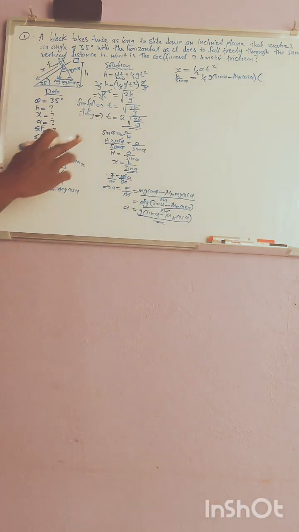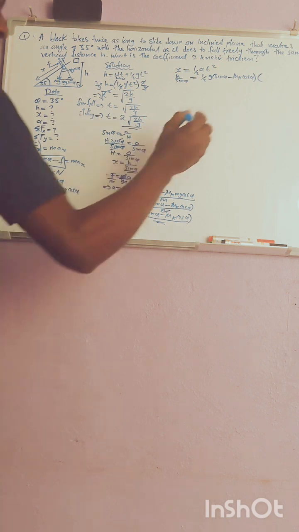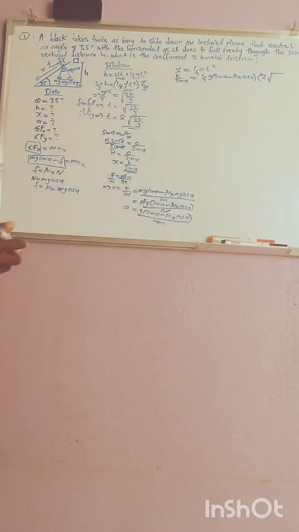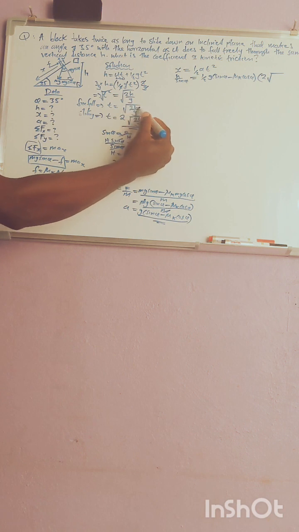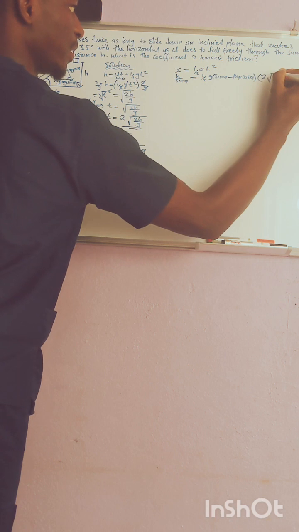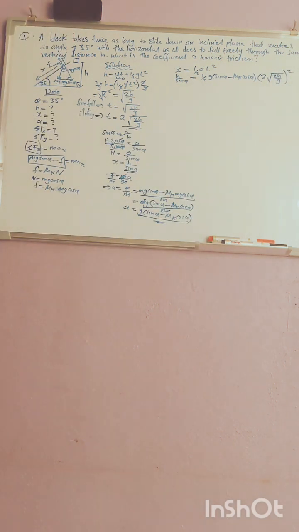For the time, we know it's 2 times the time it takes for it to fall freely, which is the square root of 2h over g. So we have 2 times the square root of 2h over g, squared. Now from this point, what do we do? It's just about calculation now.